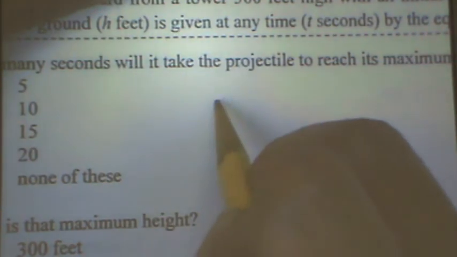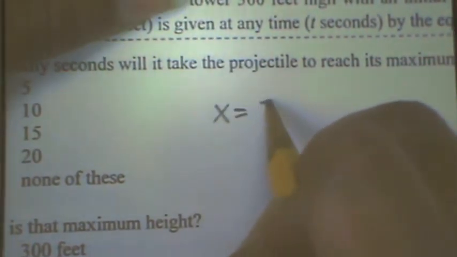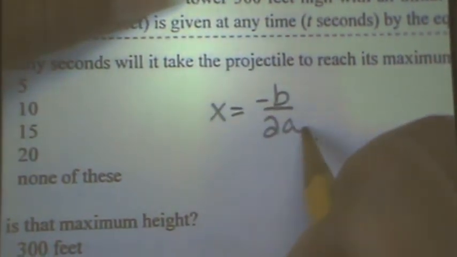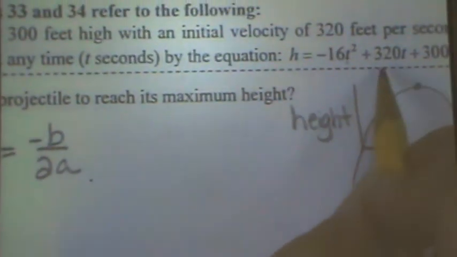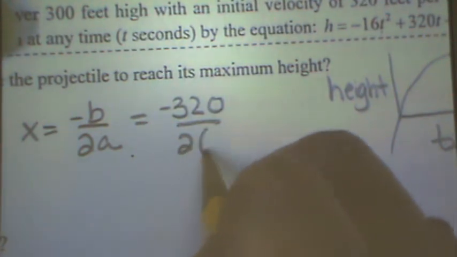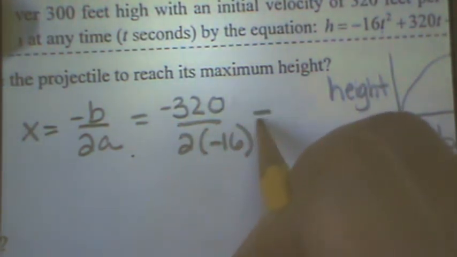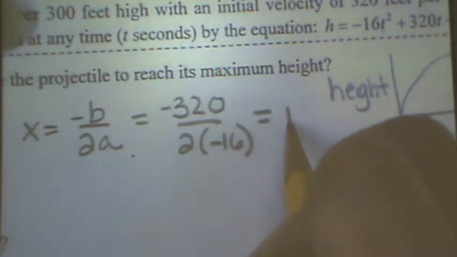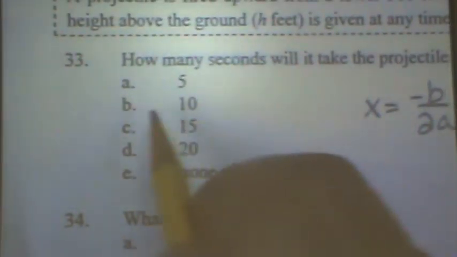So I want to find this x value, or t value. I need to use t is negative b over 2a. And b is 320, so it's negative 320 over 2 times negative 16. If you do the math, you get 10. So in 10 seconds, it will reach its maximum height.